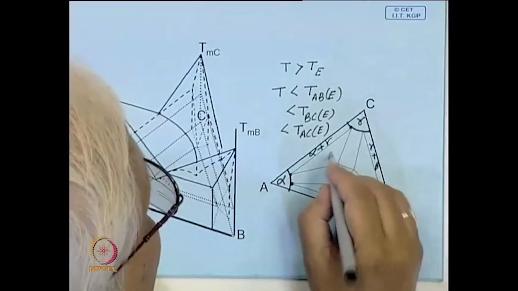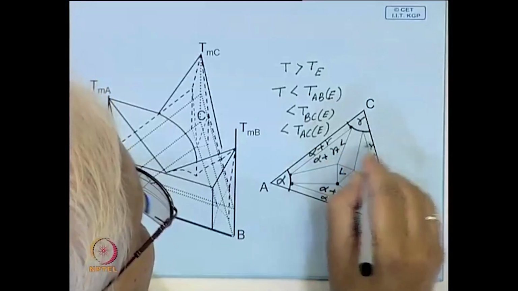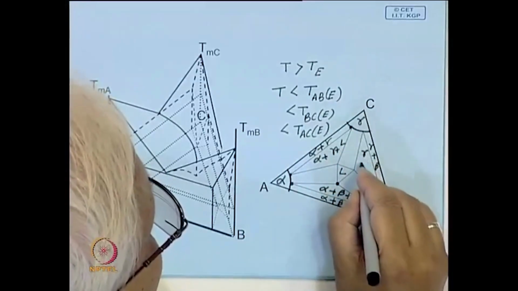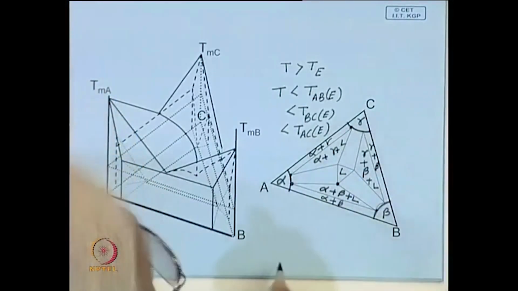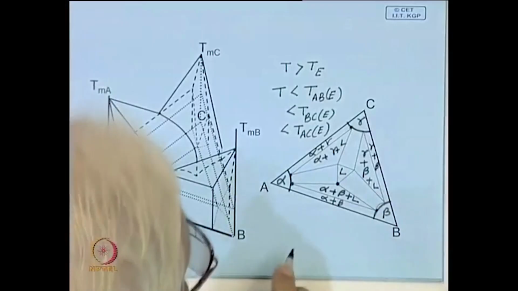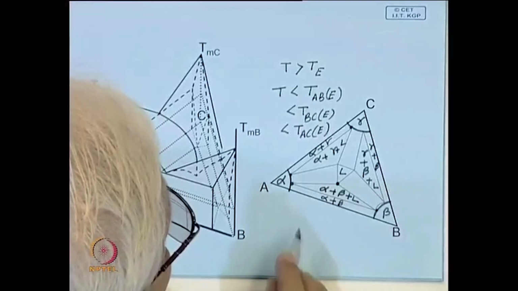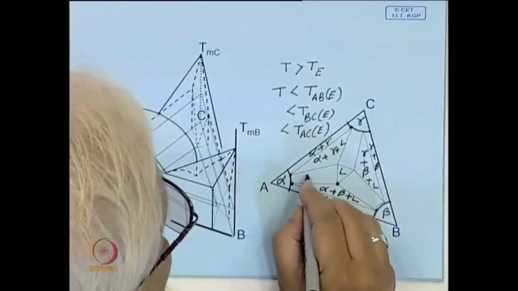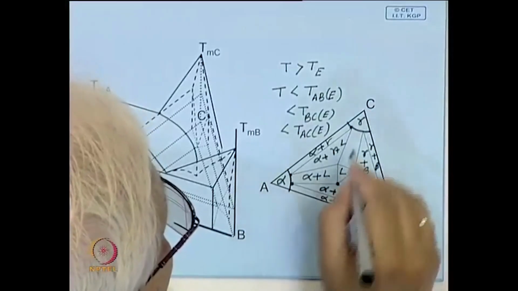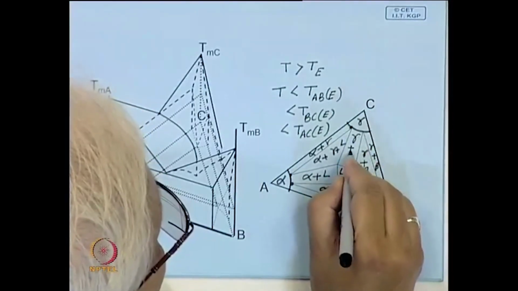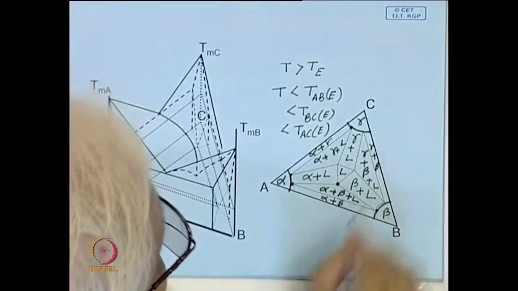Now, this portion will be alpha, gamma, liquid, this portion will be gamma, beta plus liquid. And these regions will be binary regions: alpha plus liquid, this will be gamma plus liquid, this will be beta plus liquid.